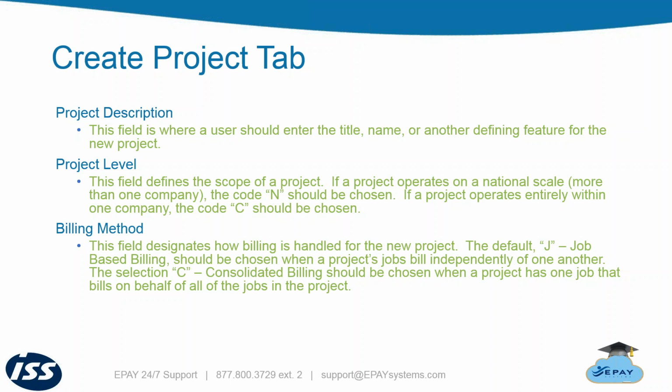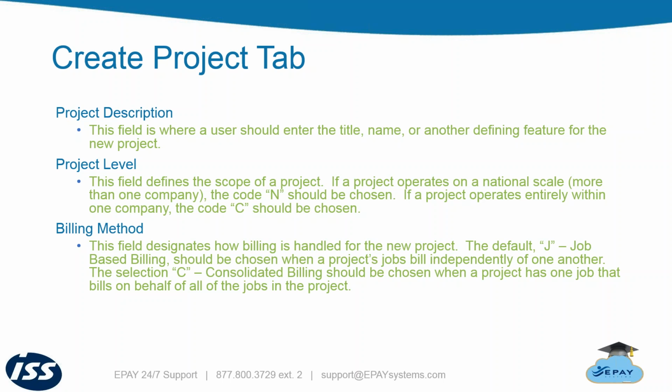And then once you've done that, you will need to choose a project level. So this field defines the scope of a project. If a project operates on a national scale, more than one company in other words, the code N should be chosen. If a project operates entirely within one company, the code C should be chosen.